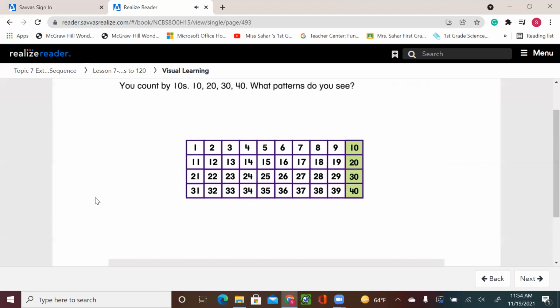You count by tens. 10, 20, 30, 40. What patterns do you see? I see the ones remain the same, 0 in the 4 rows, and I see the tens increased by 1. So it was 1, now 2, 3, and 4.